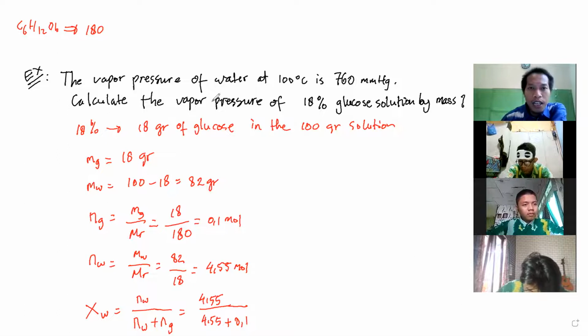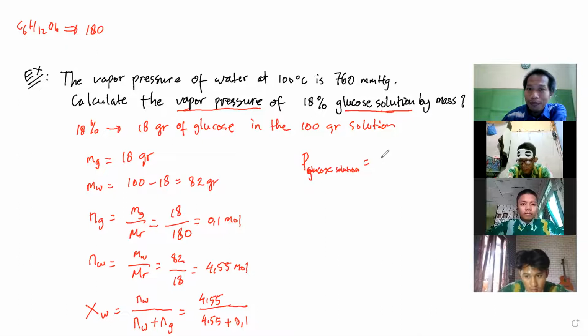Now the question is, calculate the vapor pressure of glucose solution, isn't it? So actually I can use this formula. P glucose solution is equal to the mole fraction of solvent, which is water, times P0 of solvent, which is water.